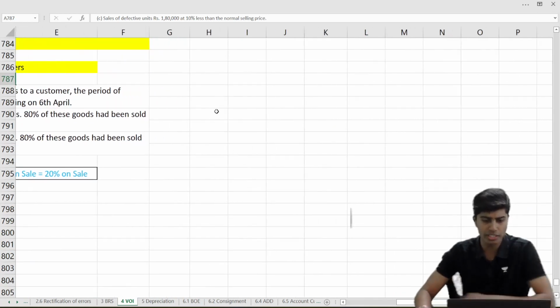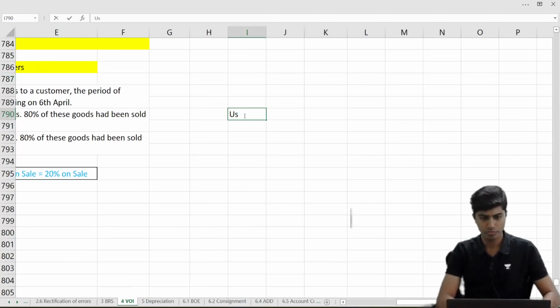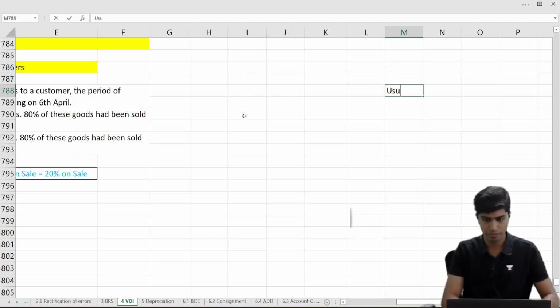See, usual selling price. Let me put it here. Usual selling price is 100, or I can say normal. So normal selling price is 100. You get this?